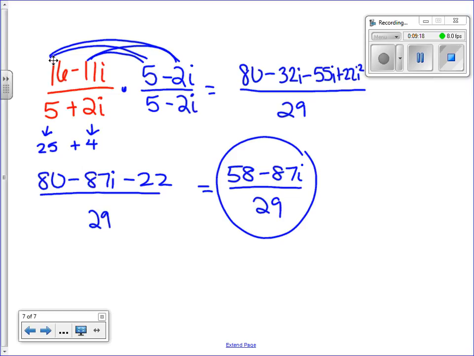Hey, what's 29 times 2? What's 29 times 3 then? That's going to be 87. Hey, this one will reduce. It's going to be 2, that's going to be 3, and that's going away. Gotcha.